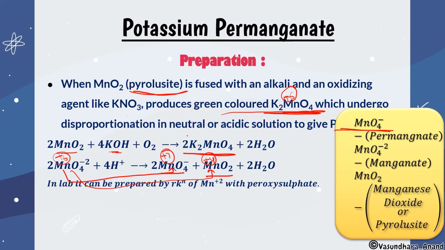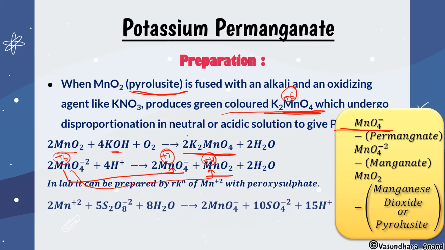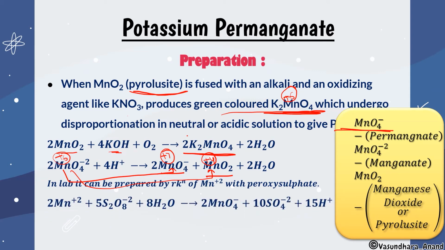In the lab, it can be prepared by the reaction of Mn+2 with peroxysulfate. This is the lab method. We can prepare potassium permanganate by this Mn+2 and this peroxysulfate. In presence of water, it gives potassium permanganate.